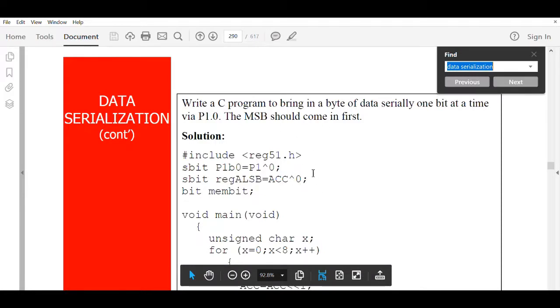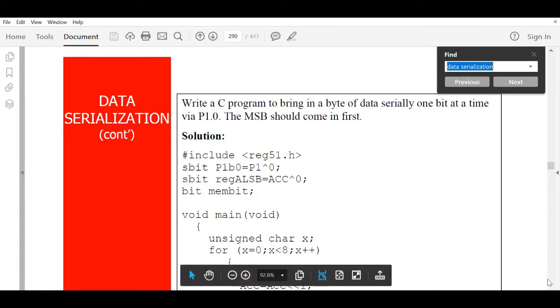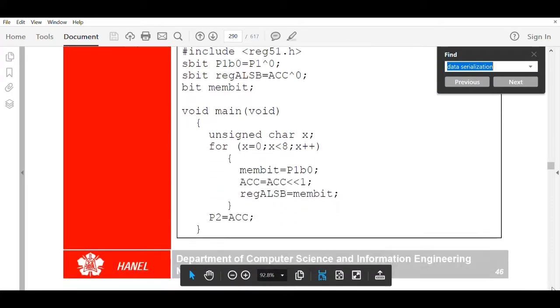MSB should come first means you'll be transferring it from right to left. So left shift. So you'll be entering it through the LSB. That's why here you have the accumulator 0 and shift to the left.